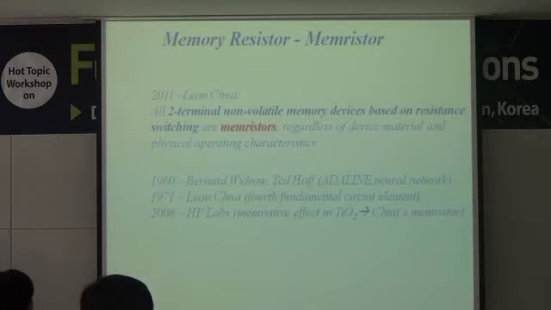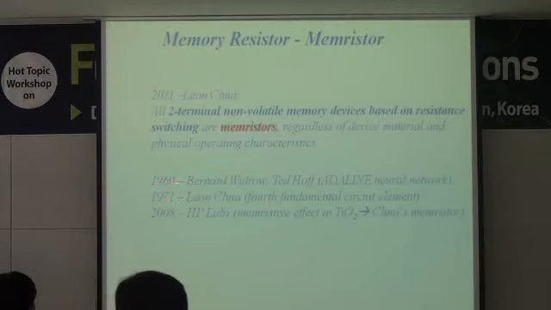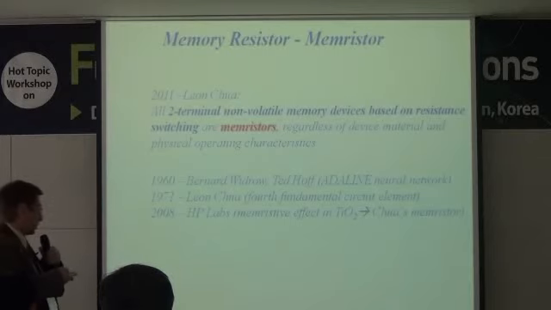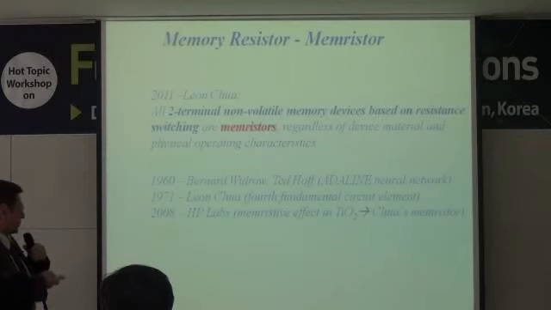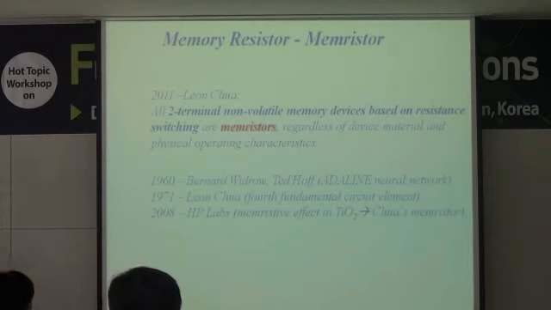This element is known since 1960, but the most popular is since 2008, when the HP lab proposed the titanium oxide memristor as Chua's memristor, which was described theoretically in 1971.